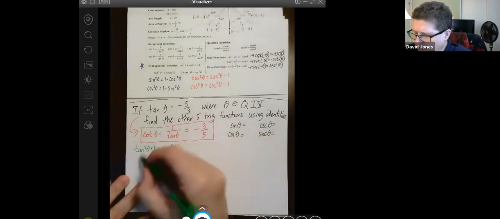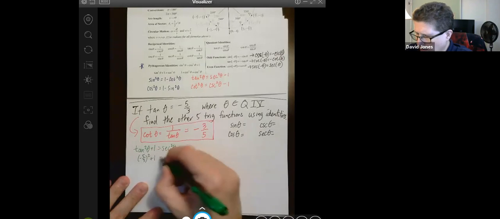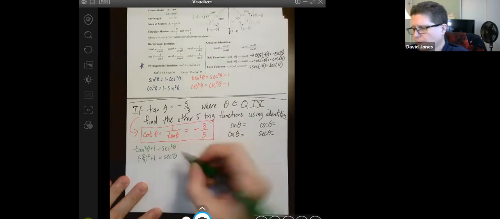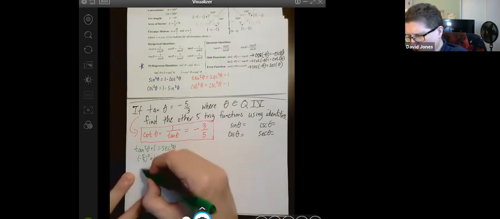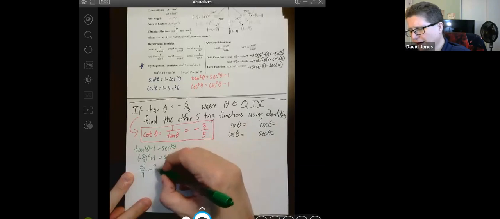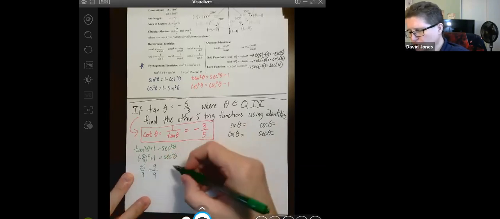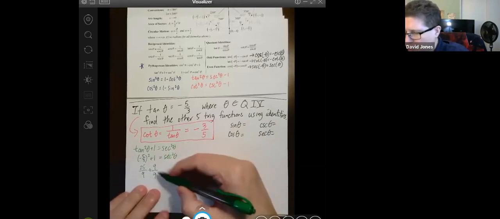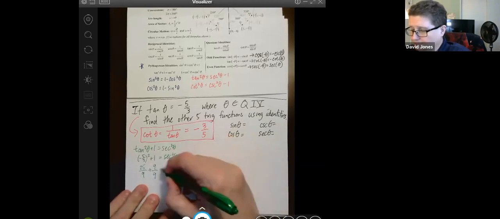So I've got tangent squared theta plus 1 equals secant squared theta. We'll plug in negative 5/3 and square it. Negative 5 squared is 25, 3 squared is 9. If I want to add the 1 to it, I need to get a common denominator. And when it's 1, you just put it over the denominator you need with the same thing on top.